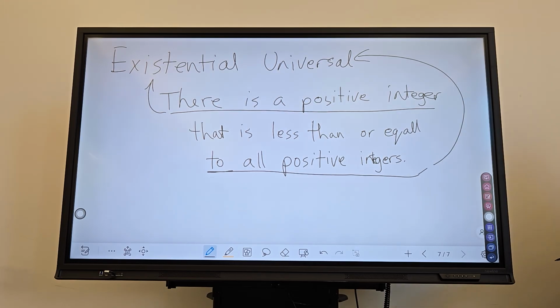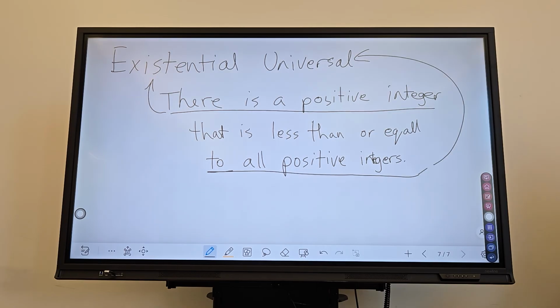You've all taken Cal 1, right? So you understand limits? Okay. Definition of a limit of a sequence. The limit of a sub n as n approaches infinity is L can only be defined using phrases that are universal, existential, and conditional.